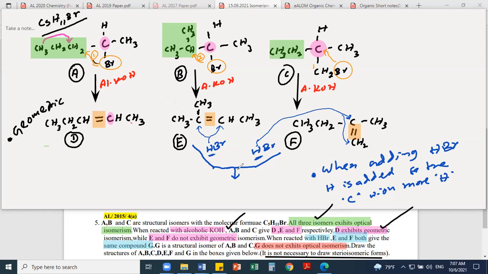Okay. Shall we draw this structure now? How to draw this structure? I'll put here carbon. This side you have what? CH3 group. CH3. This side you have CH3.